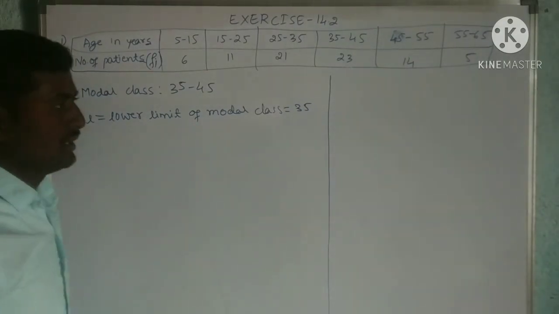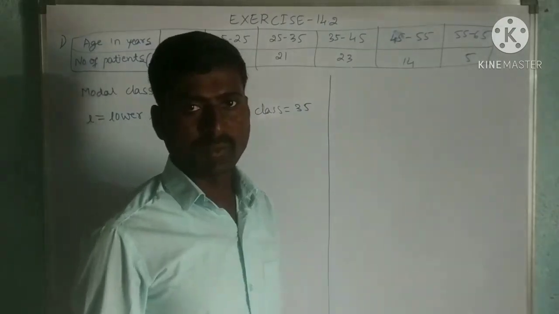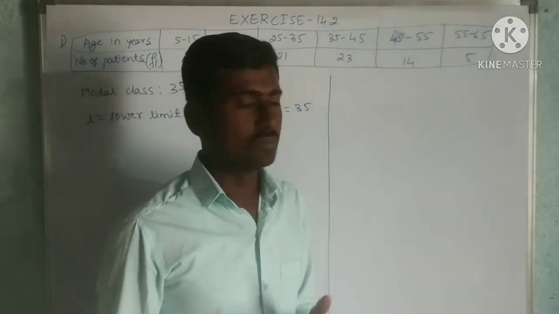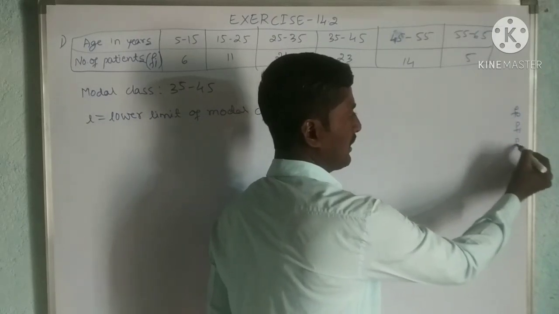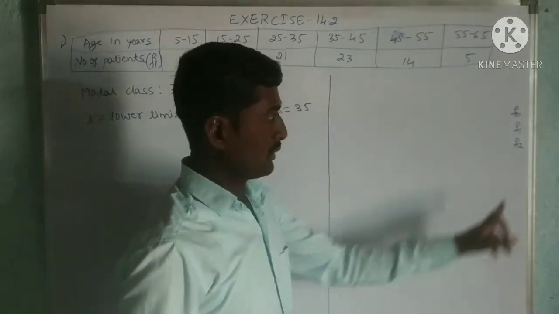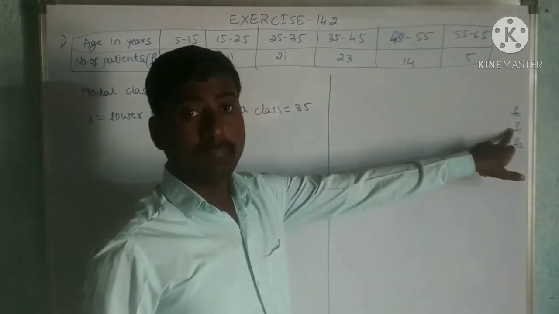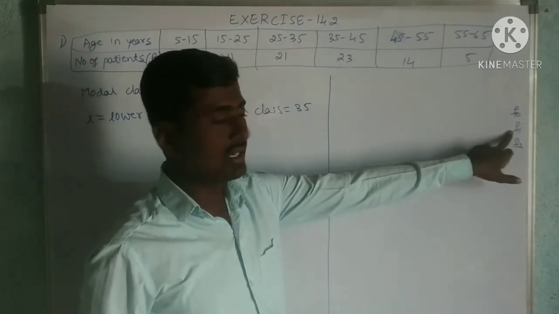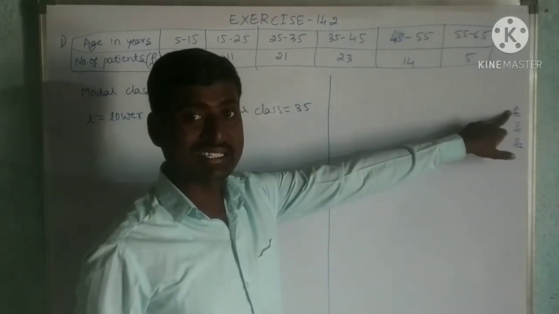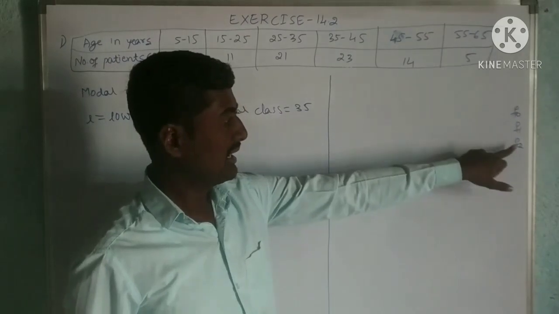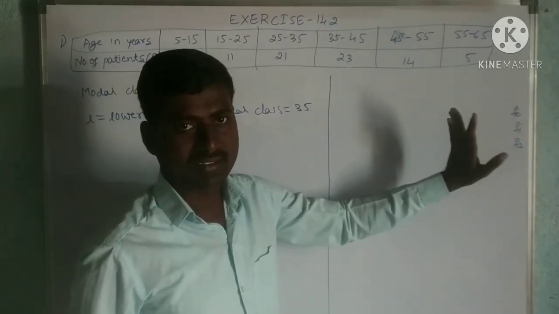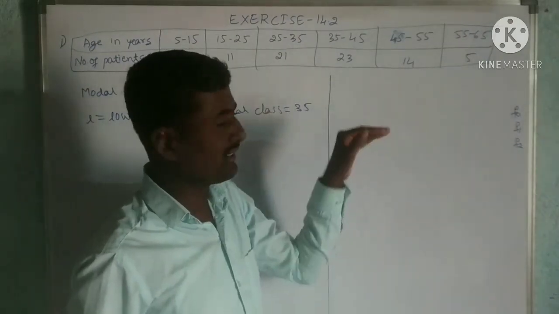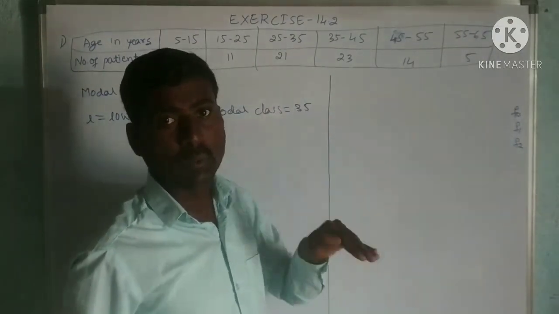Next, you may get confused with F0, F1 and F2, so you have to write like this: F0, F1, F2, arranged in order 0, 1, 2.